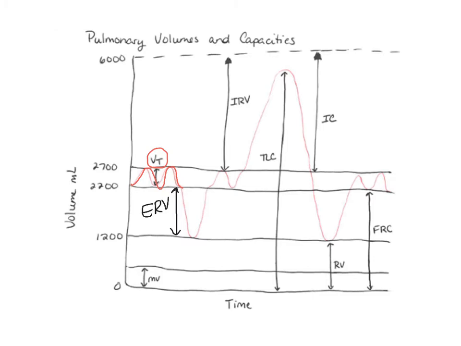Okay? The inspiratory reserve volume, then, that's at the end of breathing in. Then you breathe in as hard as you can. Maximal inhalation at the end of that tidal volume. So it's the amount of air at the top of that tidal volume.